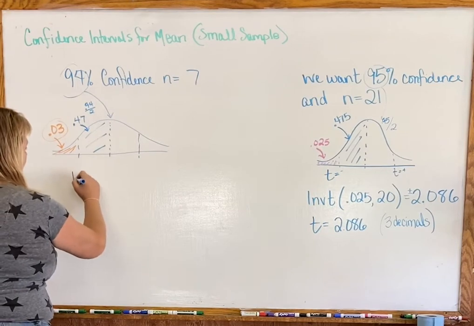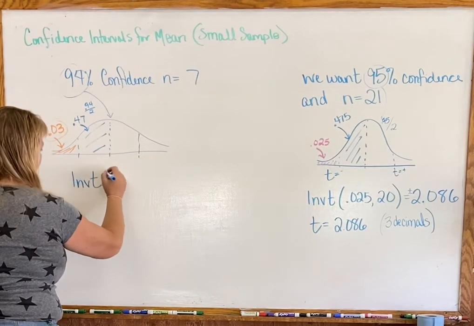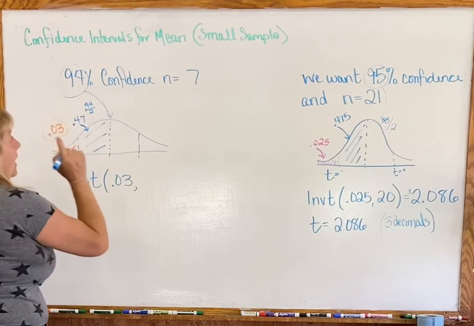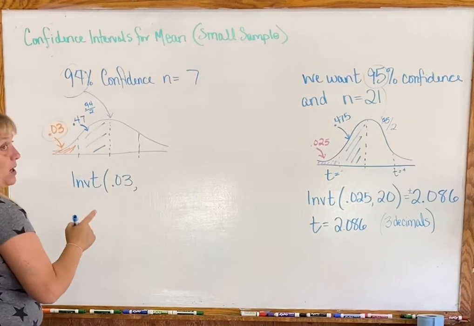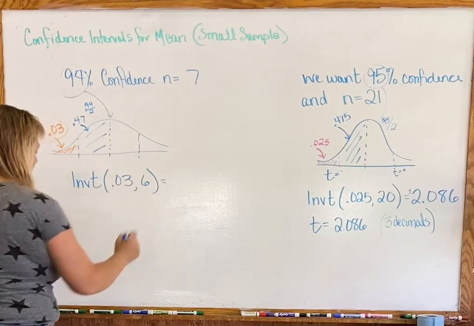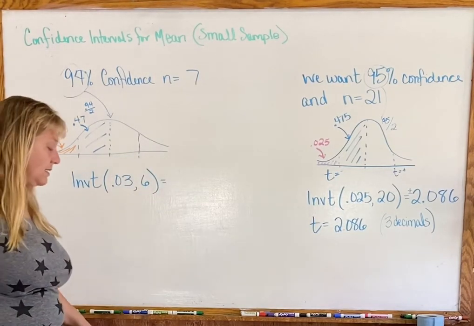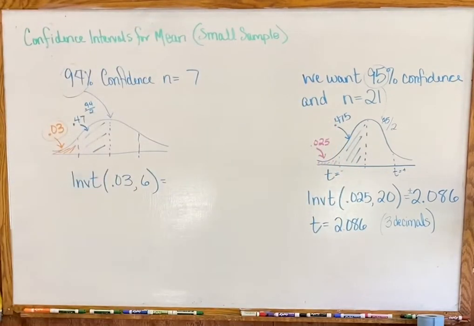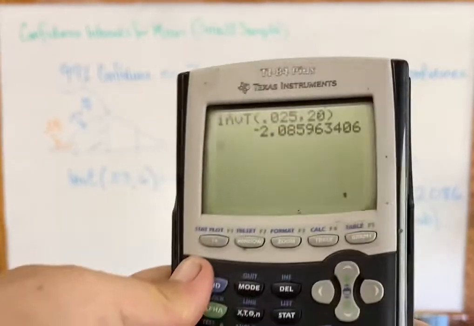So we're going to go inverse t, and we want an area of 0.03, and we want a degree of freedom of 6. Okay. 0.03, comma 6. Okay, so we'll go ahead and do this one. Practice it again on your calculator. Okay.